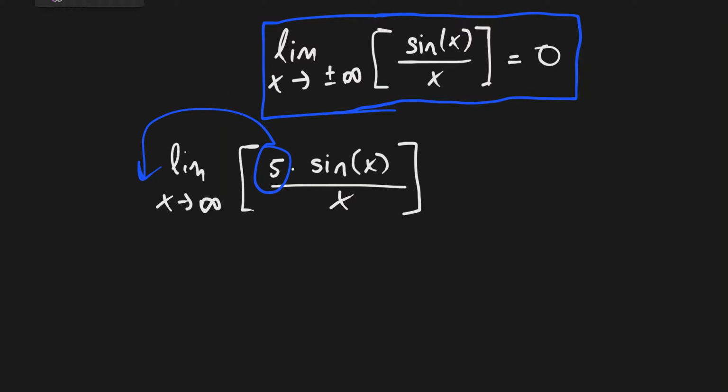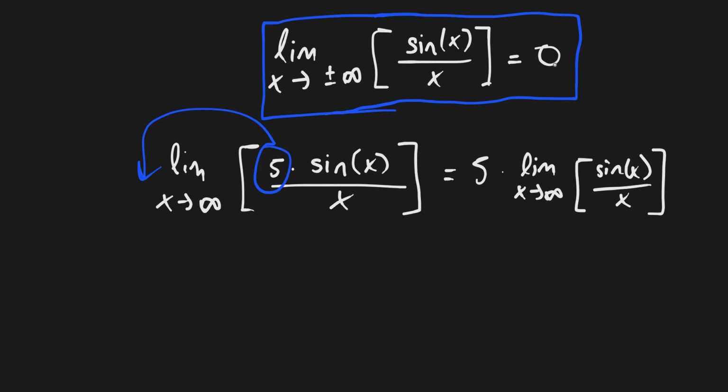Here we can do the same if we wanted to. Actually, let me do that for the first example. This is just going to be 5 times the limit as x approaches infinity of sine x over x. So still this, but then we know that this thing is equal to 0. So this is just going to be equal to what? 5 times 0? That's 0.